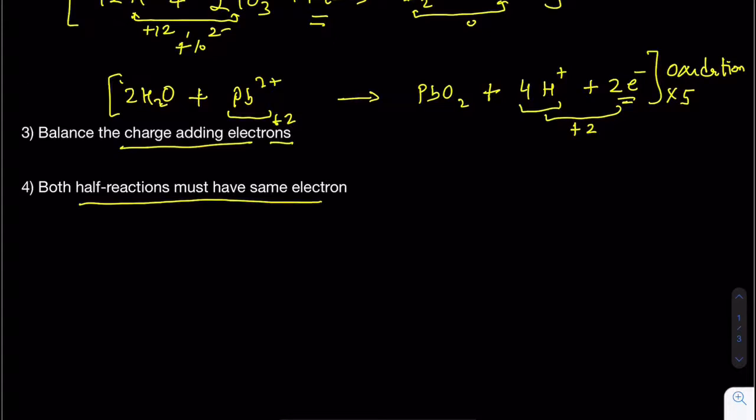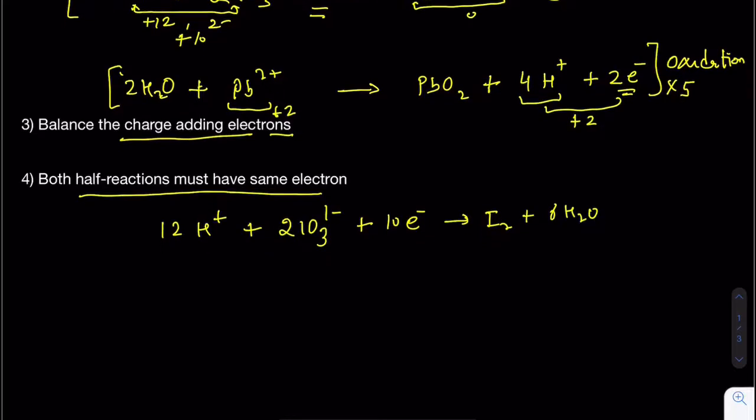Nothing else changes on the reduction side, so I'm still going to have 12 H+ plus 2 IO3-, plus 10 electrons, and that goes on to make I2 plus 6 water molecules. That's your reduction half cell.